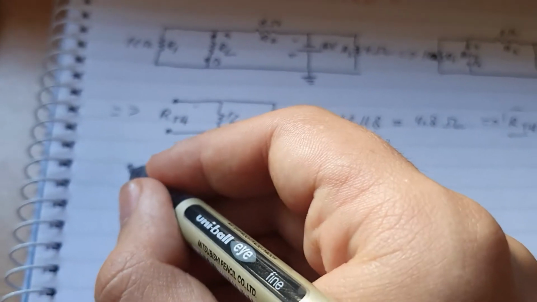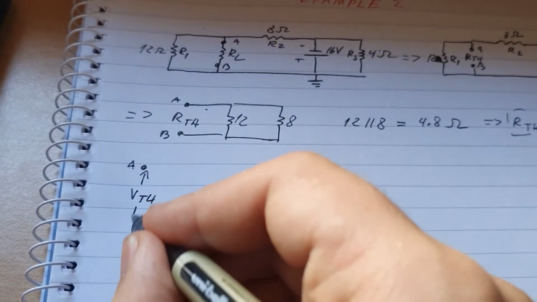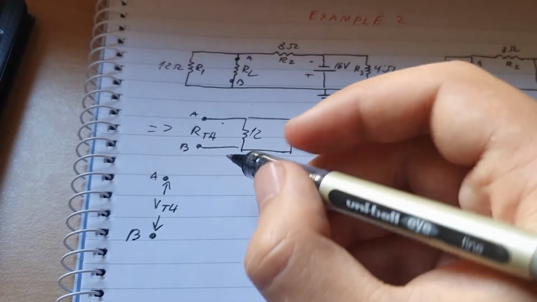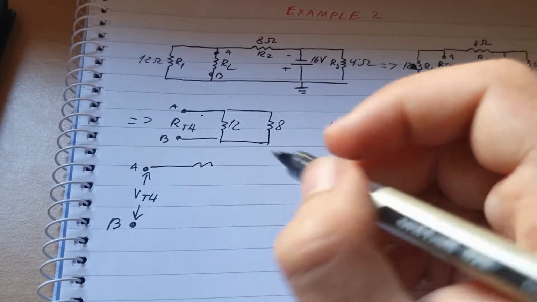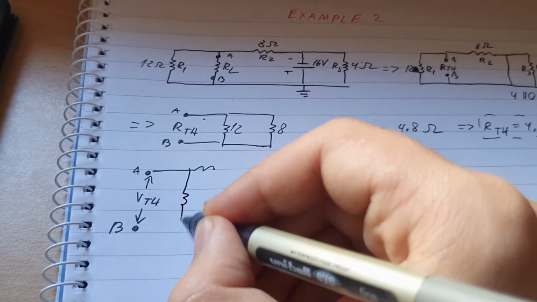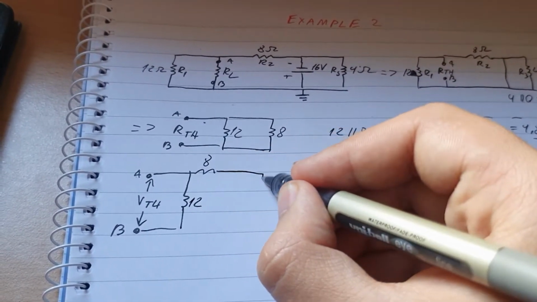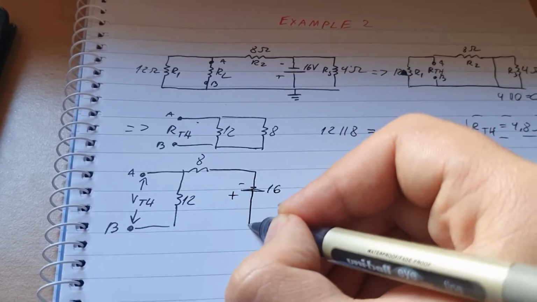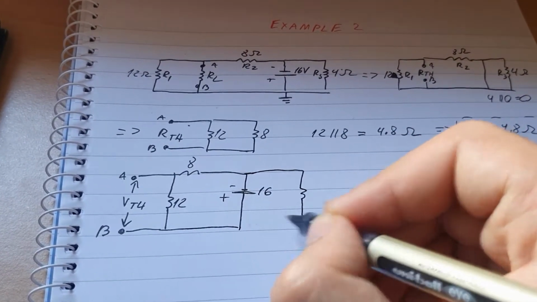Let me just note the points: A, VTH, and then this point will be B. Then there will be the 8 ohms, the 12 ohms, and then there will be the voltage source, which is 16, with a minus and a plus here, going down, going that way, and then the 4 ohms.